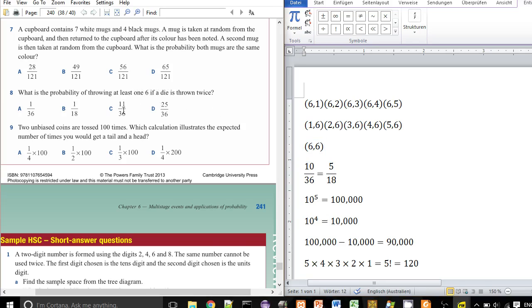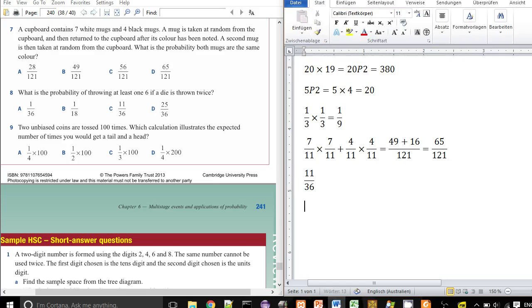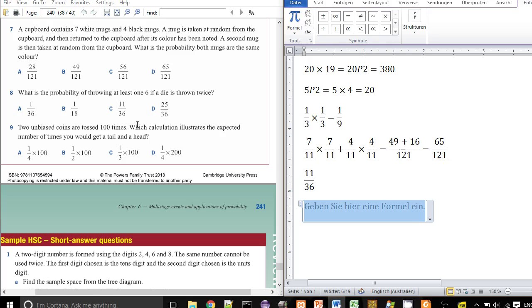There is a shortcut as well, sort of. So 11 out of 36 is the answer for that one. Yeah, the shortcut: the opposite of getting at least one 6 is getting no 6s. So to get not a 6, you've got a 5 out of 6 chance. And to do that twice in a row, you have to times it.